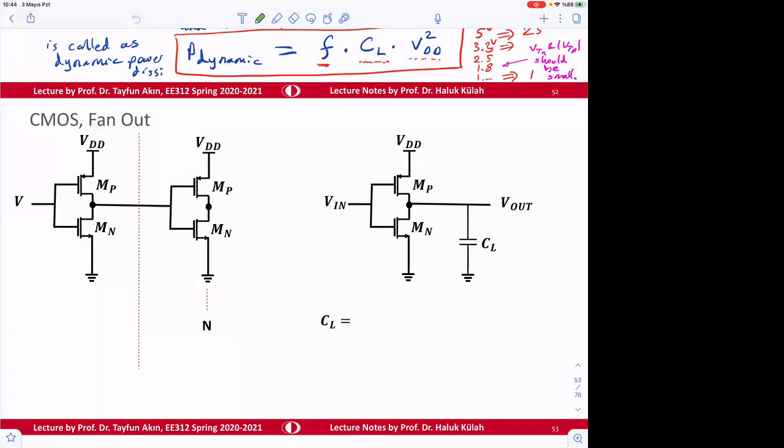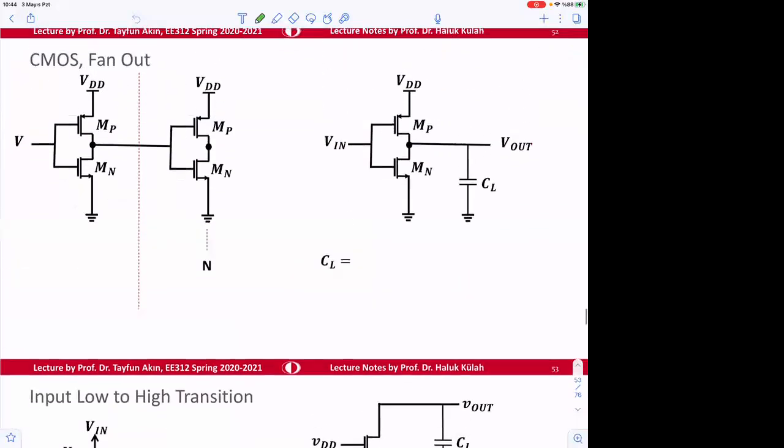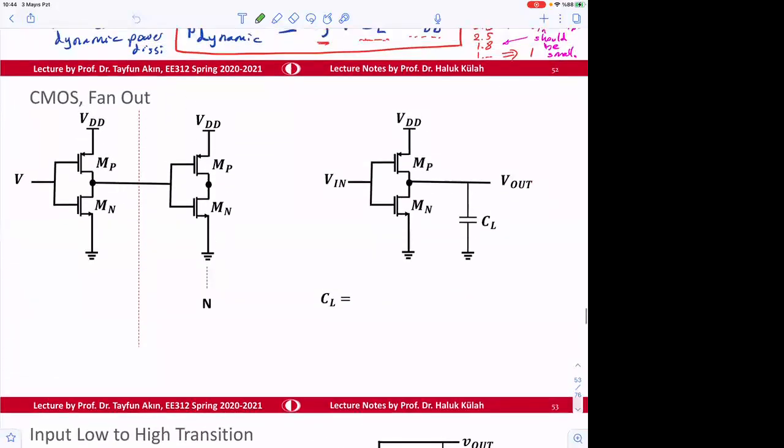We will continue with the CMOS, about the operation. We already talked about the operation, and now we will look at the fan out. And as we discussed, the fan out is limited by the switching time.